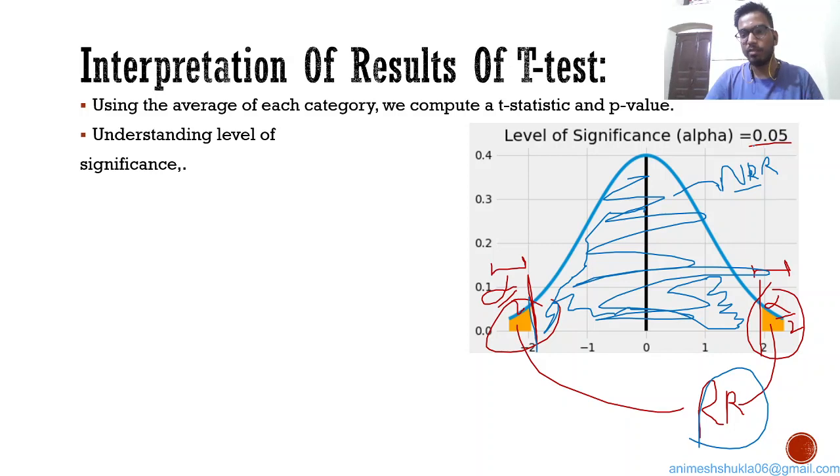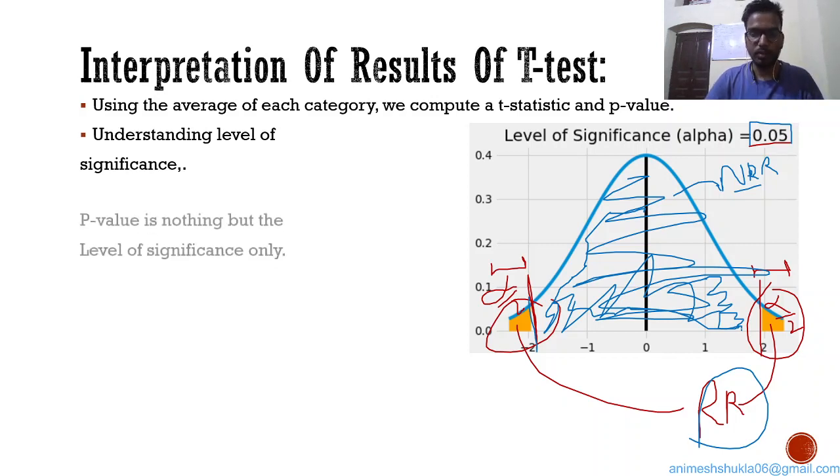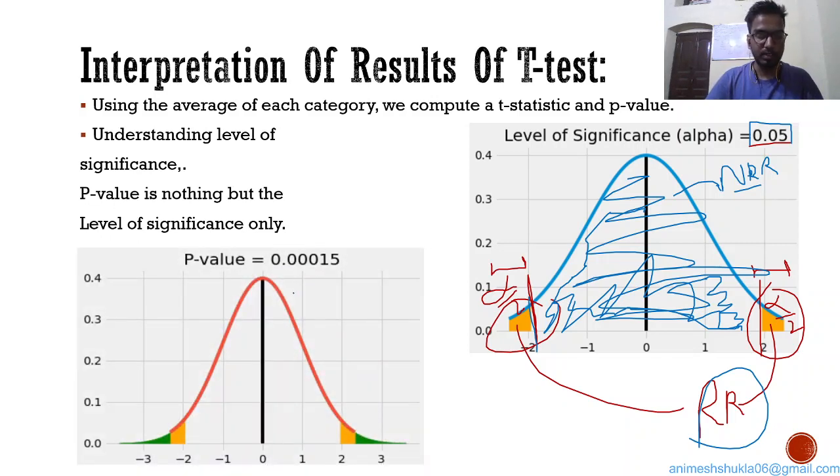And whenever we have a p value higher than 0.05, that means it is lying in the bluish region, which is nothing but the non-rejection region, and thus we need to accept the null hypothesis. So now I have considered another graph over here which actually has a p-value of 0.00015.